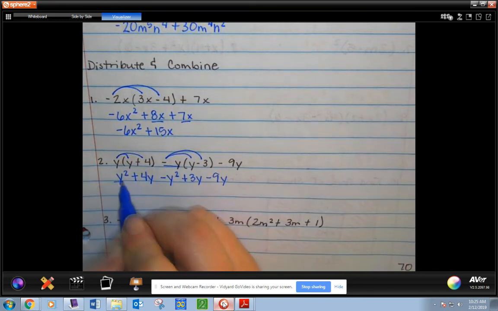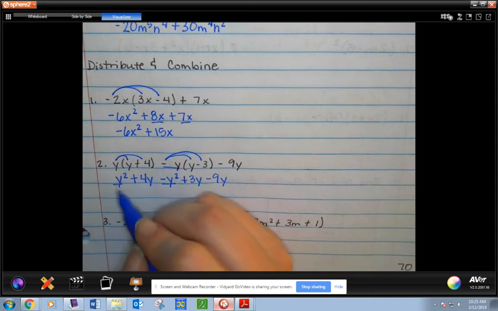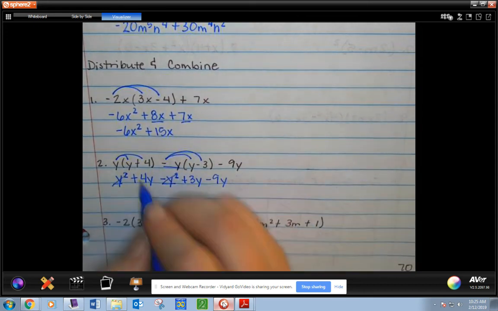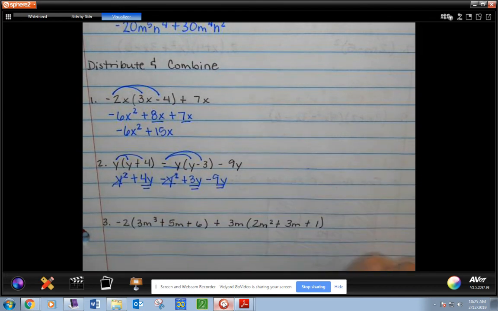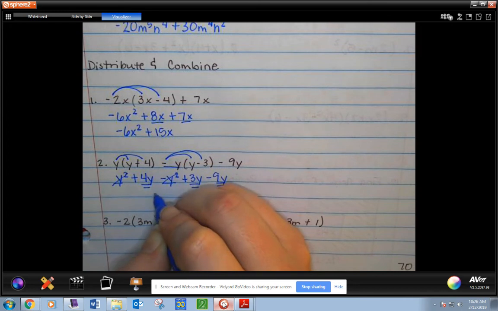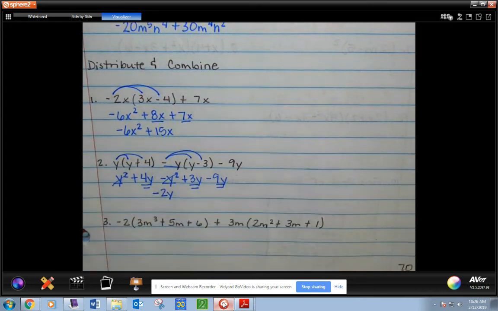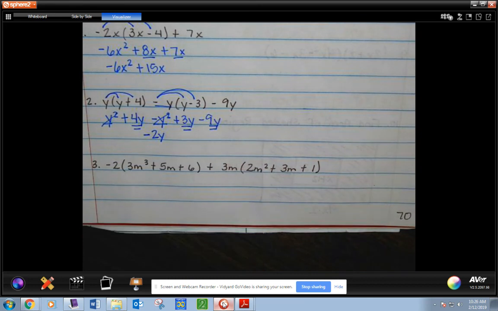My y squareds will go together, which in the long run, a positive and a negative end up canceling each other. 4y, 3y, and negative 9y all go together because the letter is the same. So this becomes 7 minus 9, which gives me negative 2y. And I'm done.